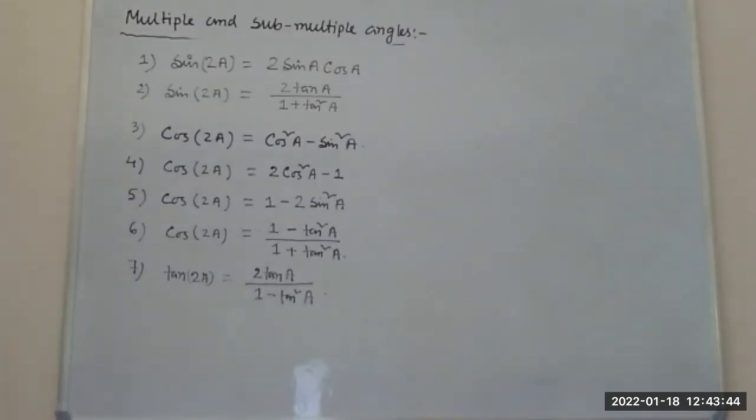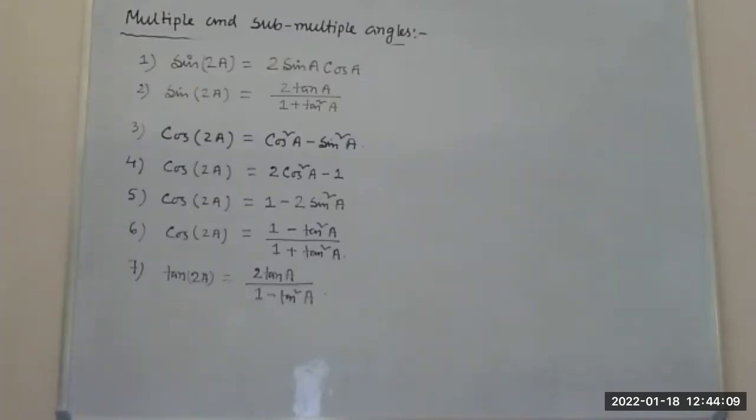Number four involves tan. And tan 2a is equal to 2 tan a by 1 minus tan square a, obviously. Write down these formulas. This will be required for each and every problem to solve it.